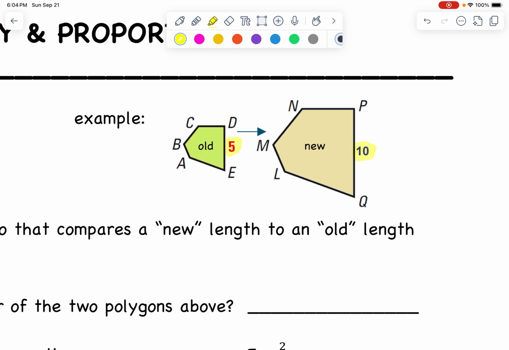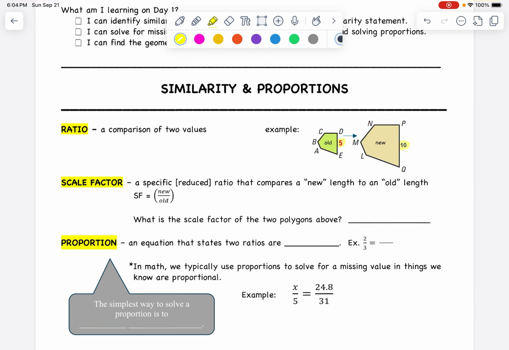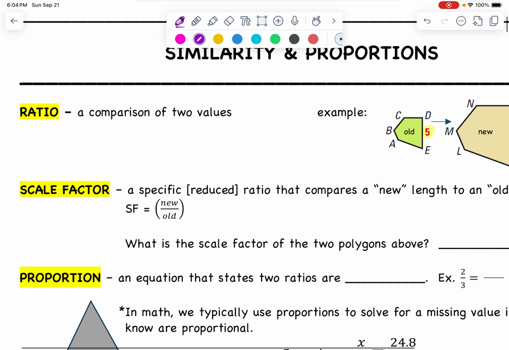So if I'm comparing my smaller pentagon, technically, to the larger pentagon, then I might write a ratio of 5 to 10. Now remember, there's a few different ways you could write that. So you could say 5 to 10, and actually use the word "to". You could use a colon, 5:10. But unfortunately, neither one of these is good for math problems.